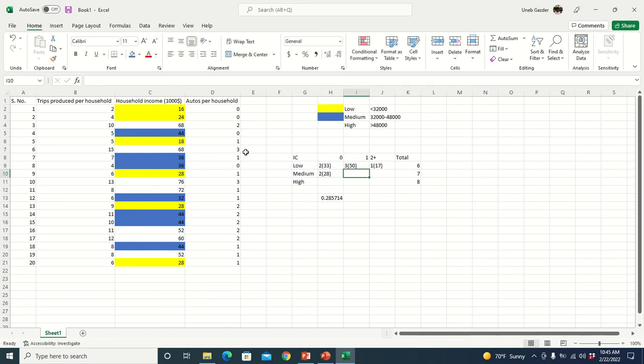Then how many of them have 1 auto? That is 1, 2 and 3, so 3 out of 7, which will be 43%.